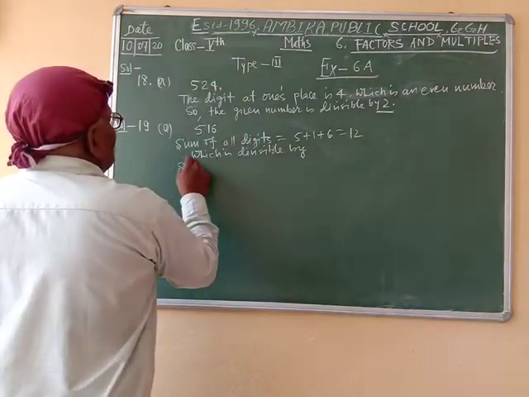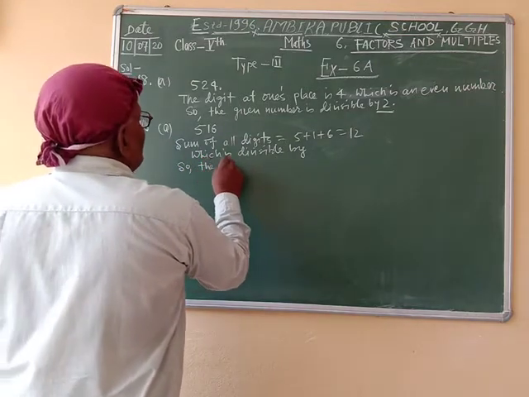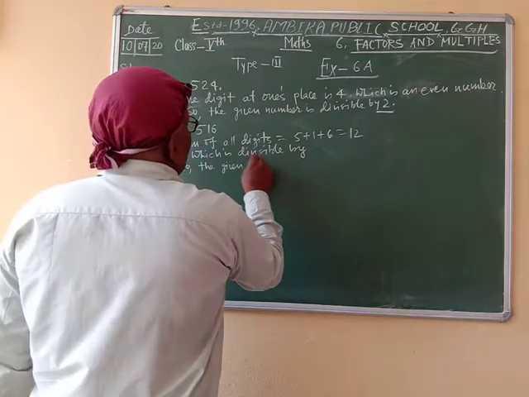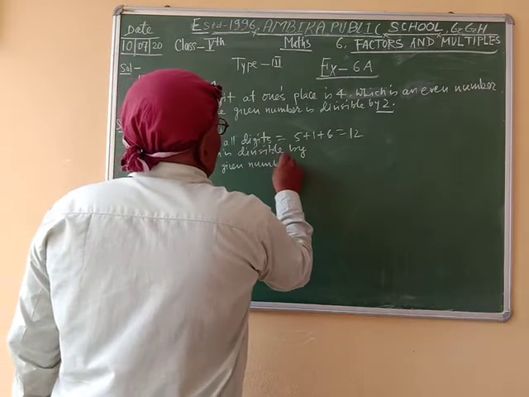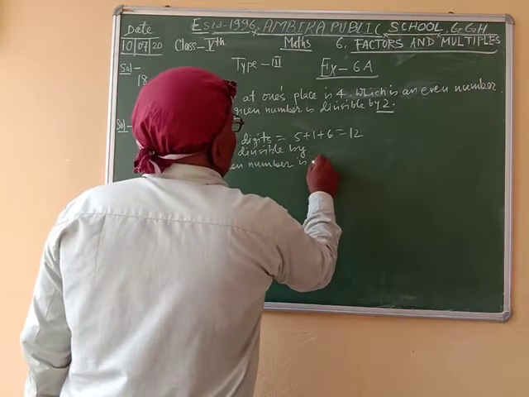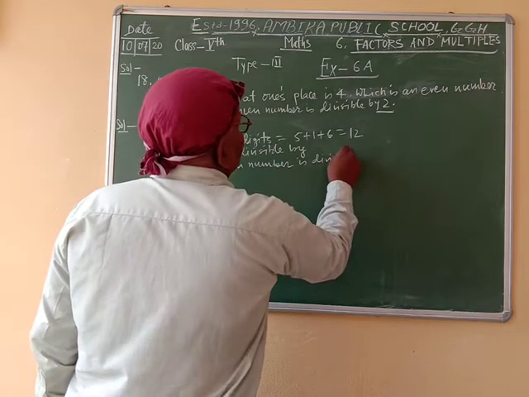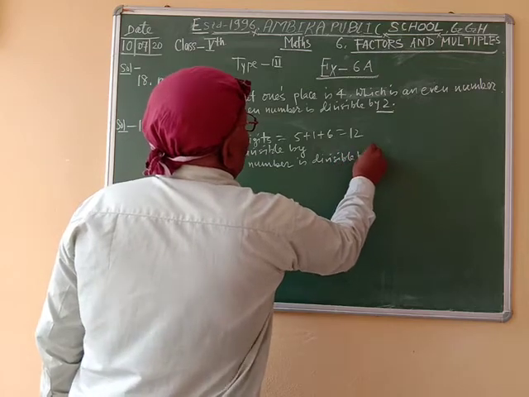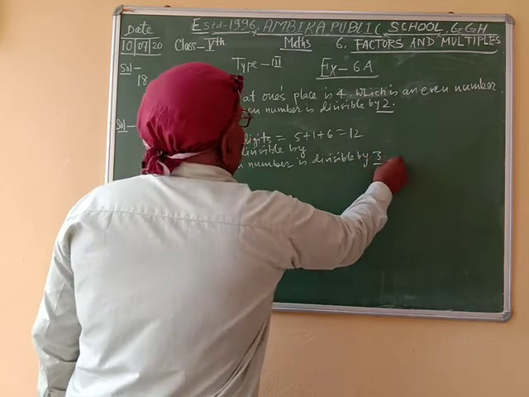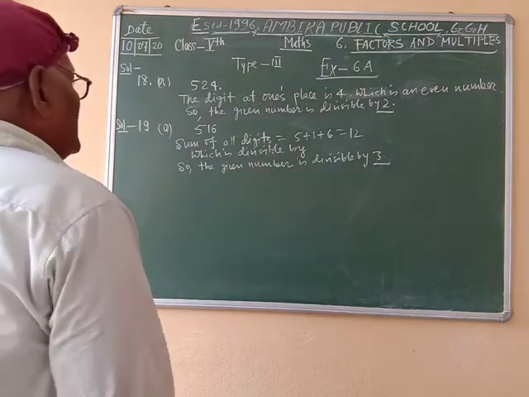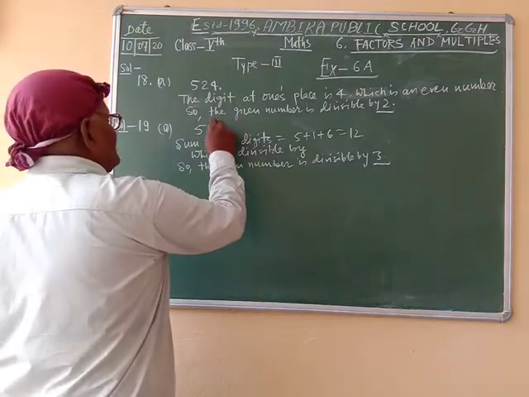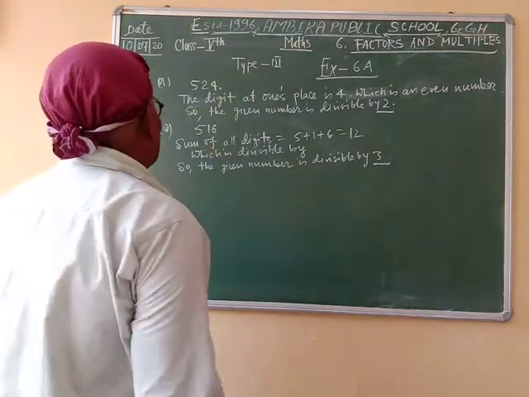So the given number is divisible by 3. This is the test of divisibility by 3.